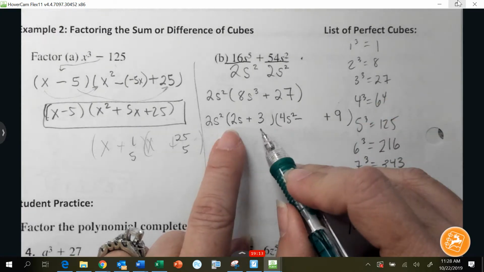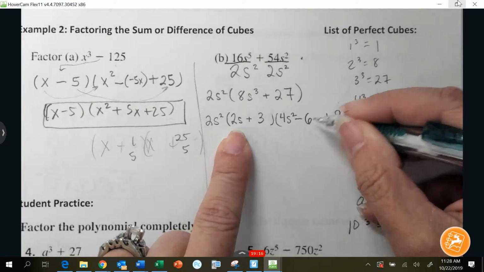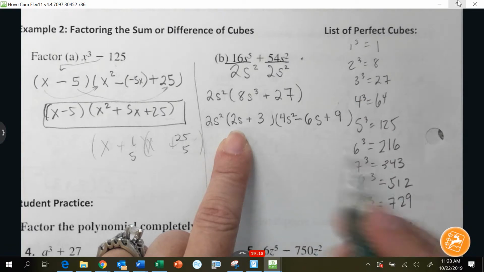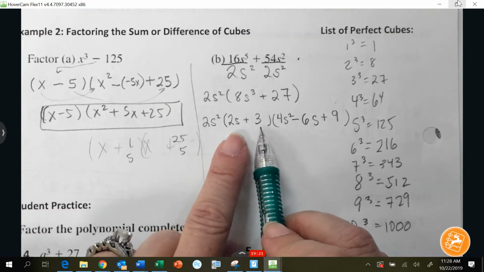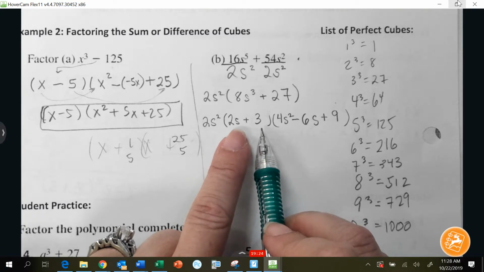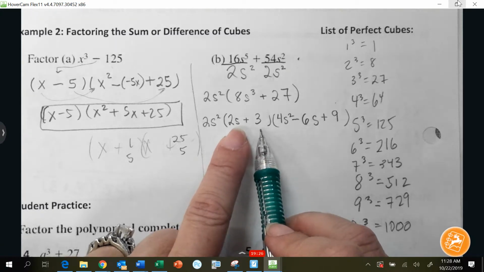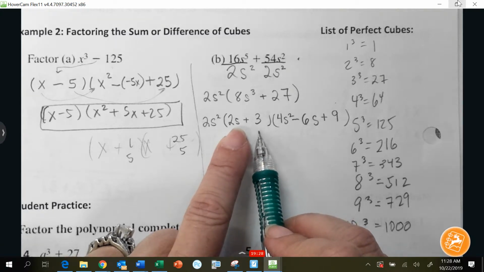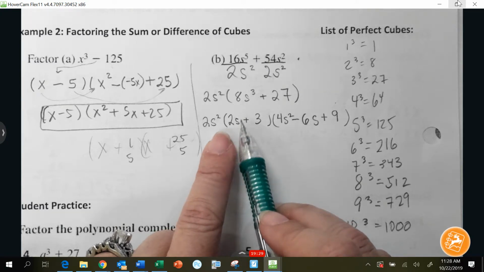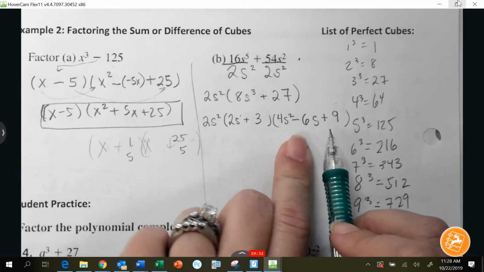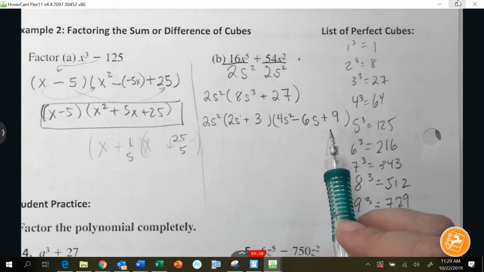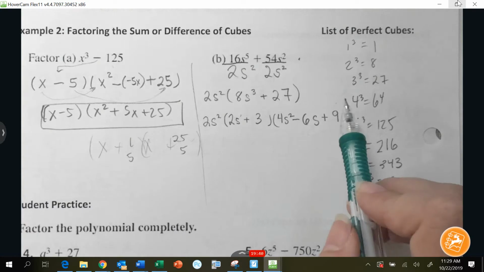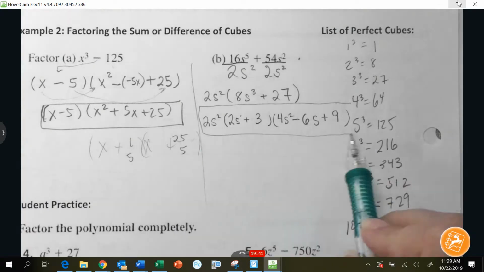These two multiply together. 6s. Is 2s plus 3 factored all the way? Is there a GCF? Is it like difference of squares? No, this is s to the first power. It can't factor further. Is this factored all the way? Why can you say yes so fast to me? Because I already told you it will not go further. You can save yourself some time.